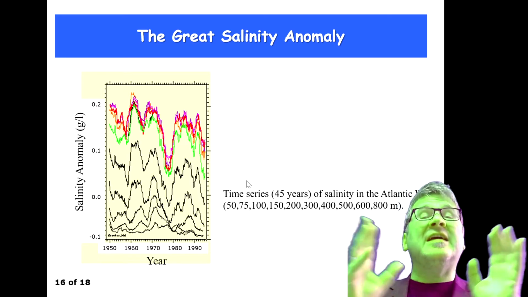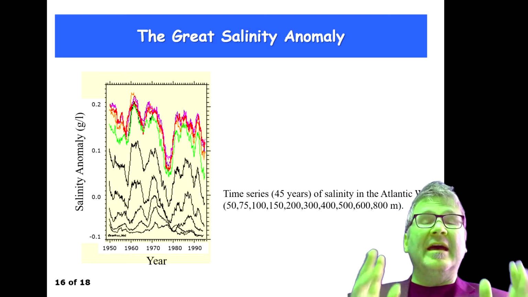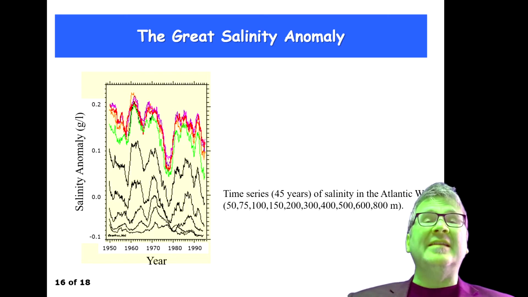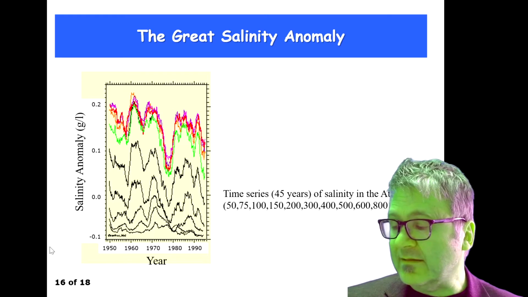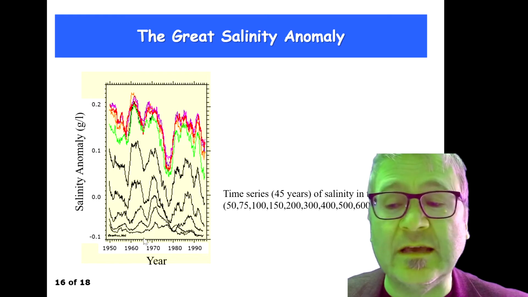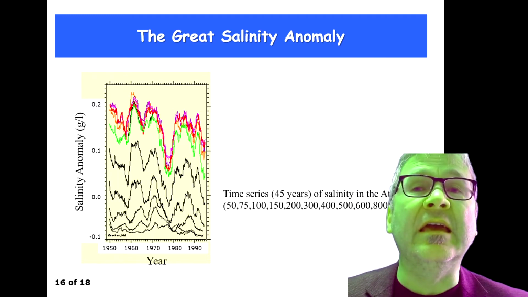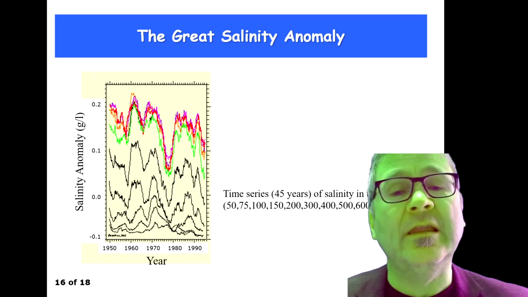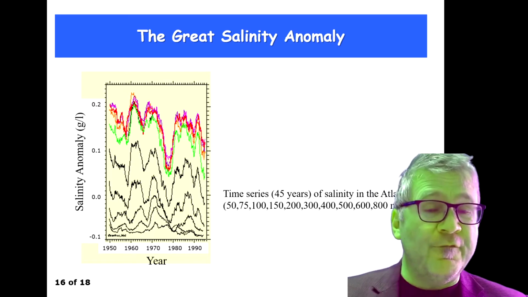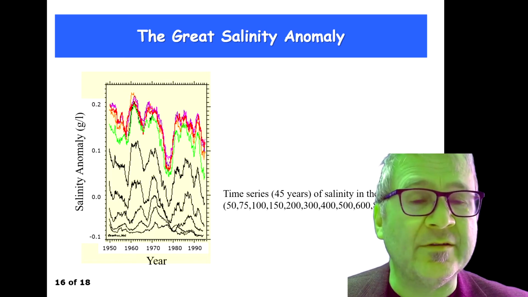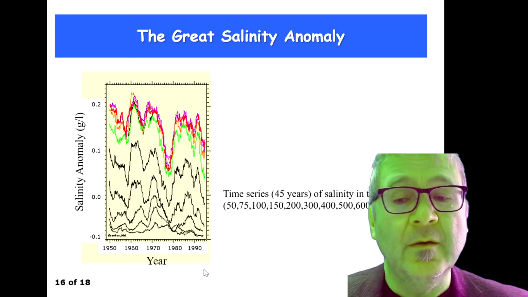Okay, and this is a time series from the 1950s to 1990s. So over 40 years. Okay, the x-axis, the 40 years time series, and on the y-axis it shows you a salinity anomaly. So anomaly is a variation, okay, compared to the average value.